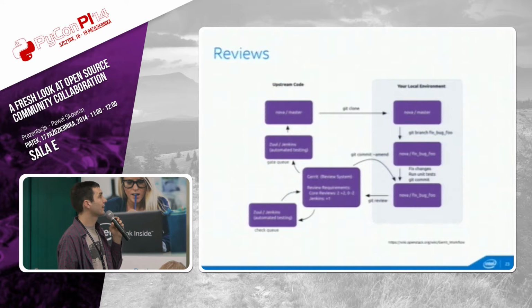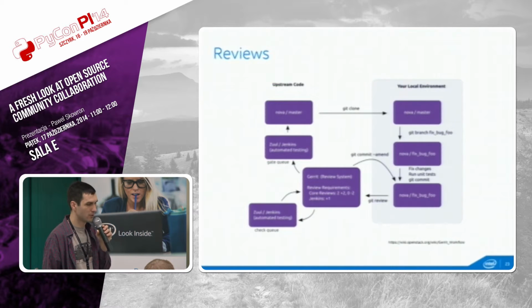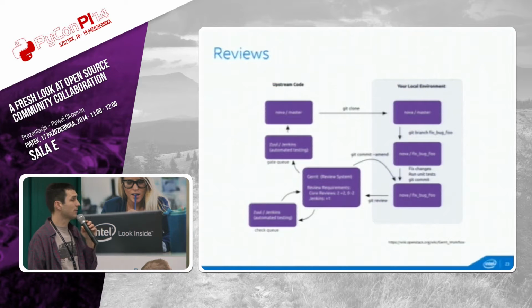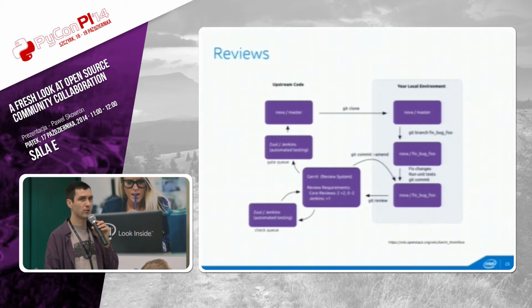You are git cloning, branching, making changes, and doing git review to expose your code to the chain of reviews. And you can get a +1 or +2. +1 means it looks good to me, but someone else needs to have a look at the code. And +2 means that you need two +2s to get the code merged.